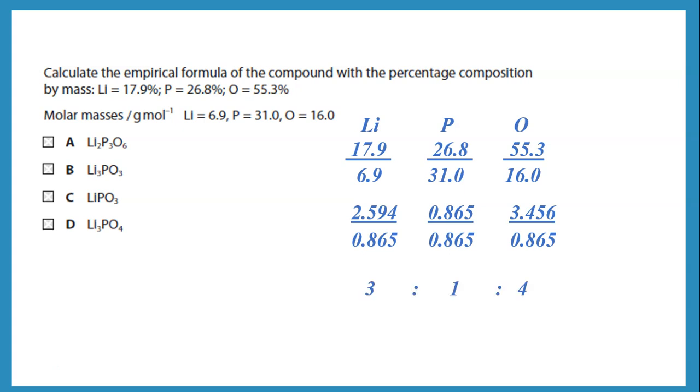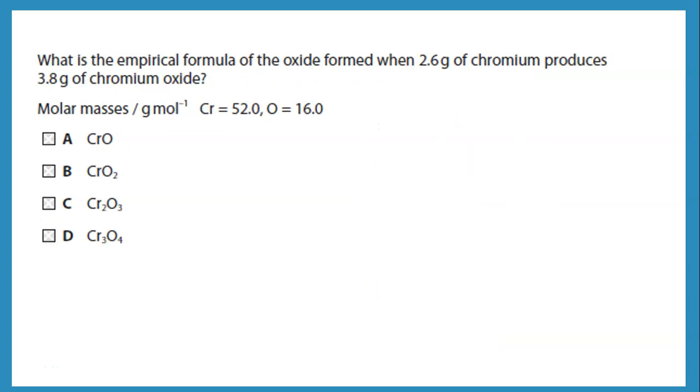This gives a ratio of what? This gives a ratio of whole numbers, so good. We just choose the correct empirical form. Remember, if it doesn't come out as a whole number, then you will have to multiply all through by something to change them into whole numbers.